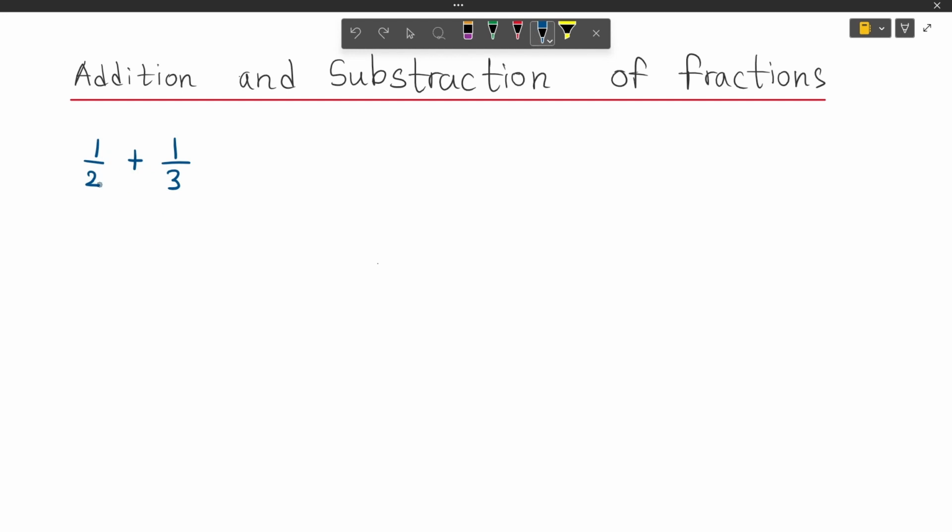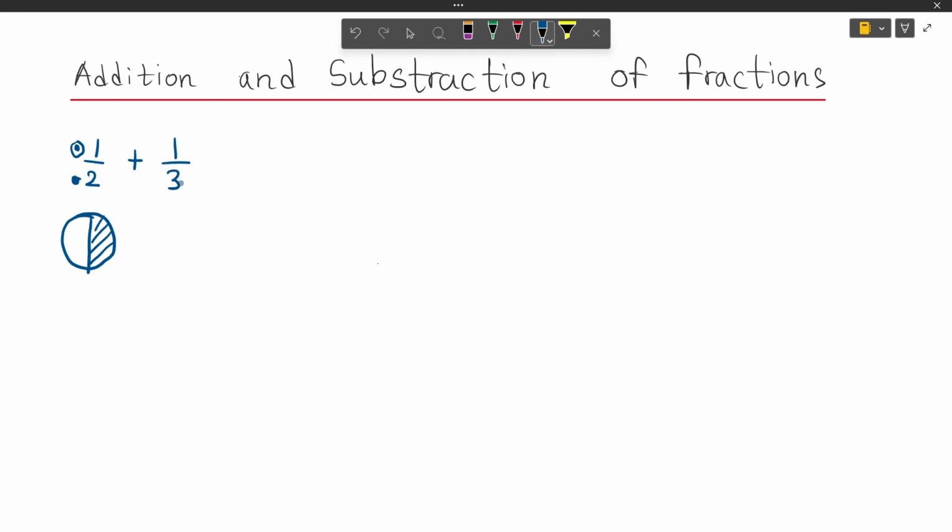Let's try to make sense of these fractions. 1/2 means if we take a cake and divide it into 2, because here we have 2, we take only one piece.